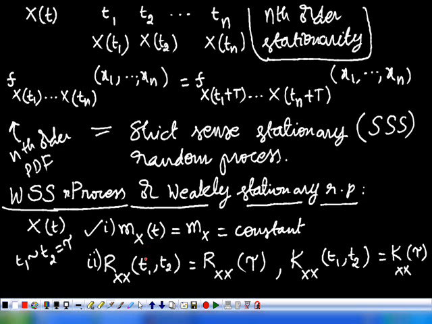The mean value is the first order statistical average, and the correlation and covariance are the second order statistical averages. So that's why the WSS process need not be a strict sense stationary random process. But if the random process is strict sense stationary, definitely it will be a WSS random process. Understood this?